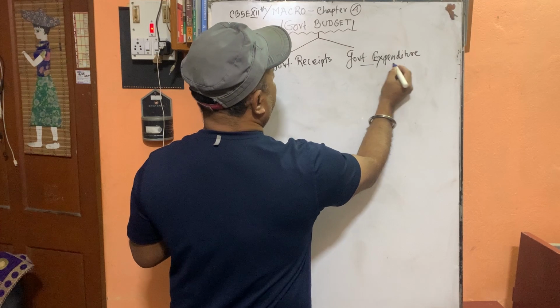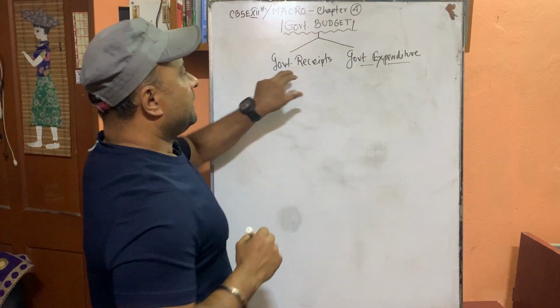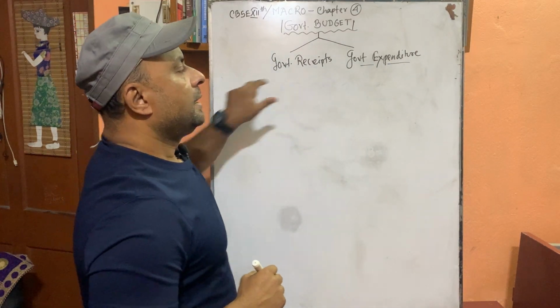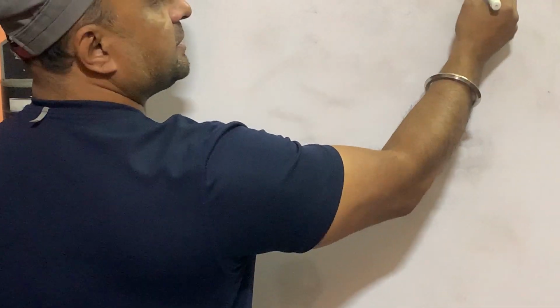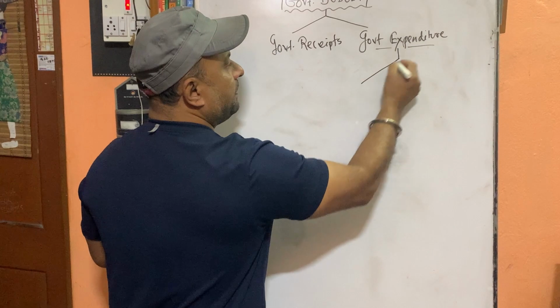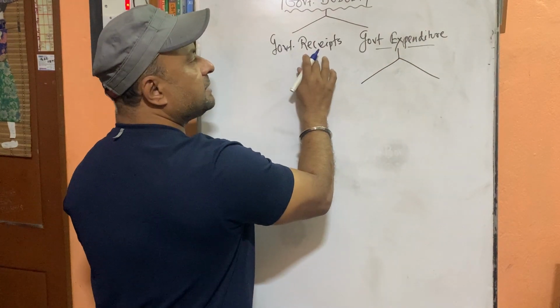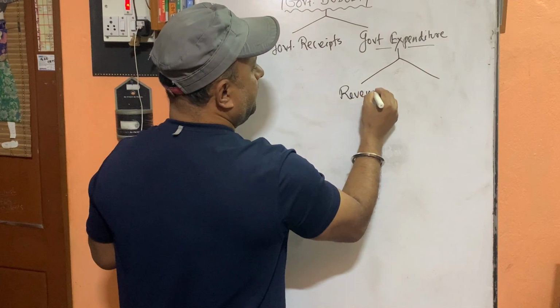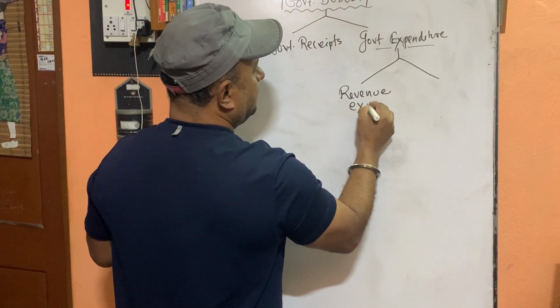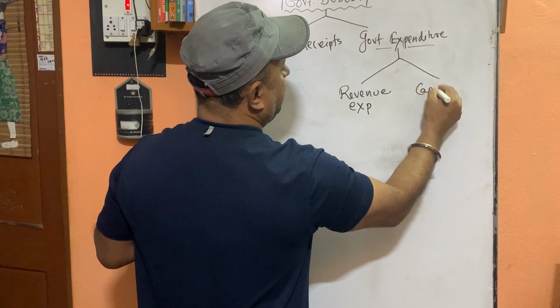Now expenditure part. Government received income or money, and where does government spend its income? Now government expenditure is also of two types. Just like government received revenue and capital receipt, here also revenue expenditure and capital expenditure.